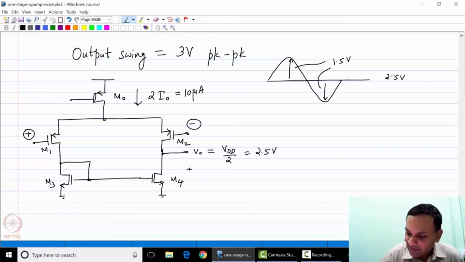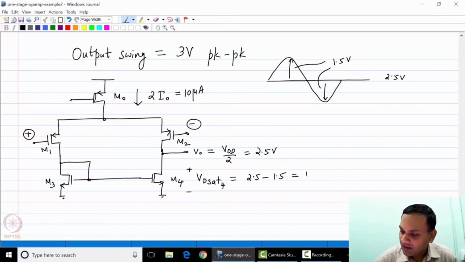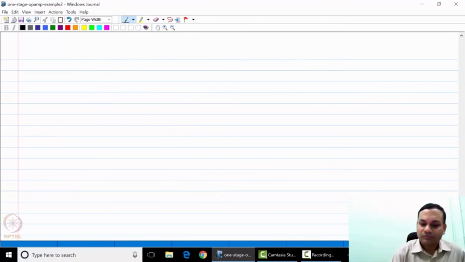This tells us that the VDSAT of M4 should be equal to 2.5 minus 1.5 equals 1 volt. This now sets the size of M4. Let us now calculate that.